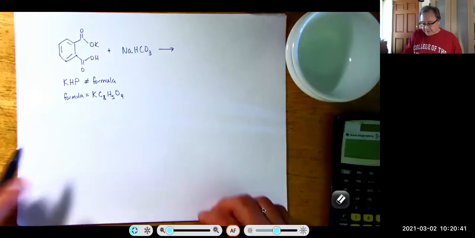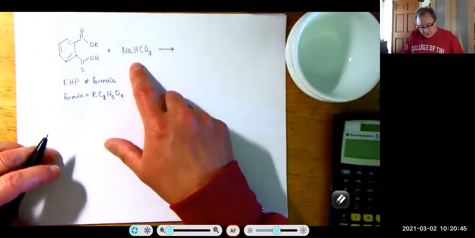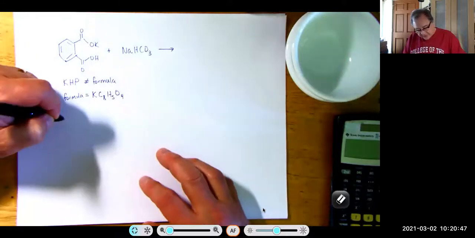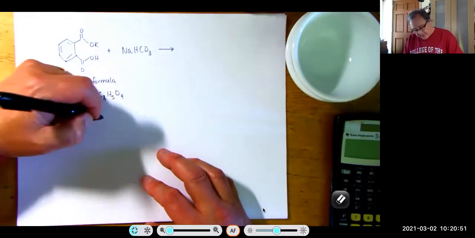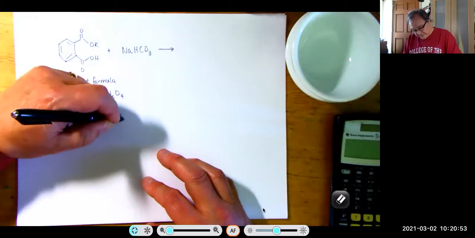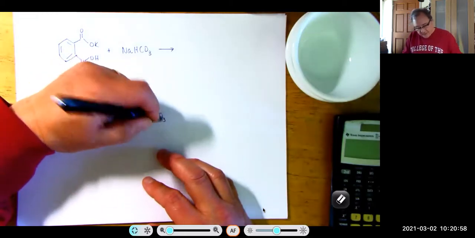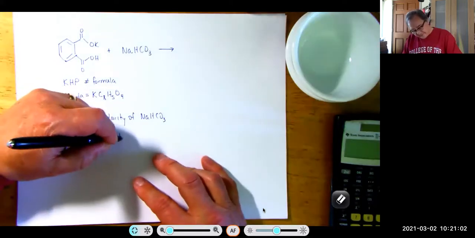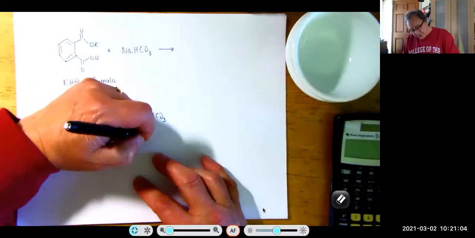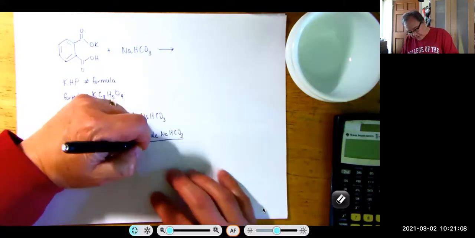Okay, so you need to figure out the balanced reaction here. And our goal for this is to determine the molarity of sodium bicarbonate. Molarity is the moles of sodium bicarbonate per 1 liter of solution.